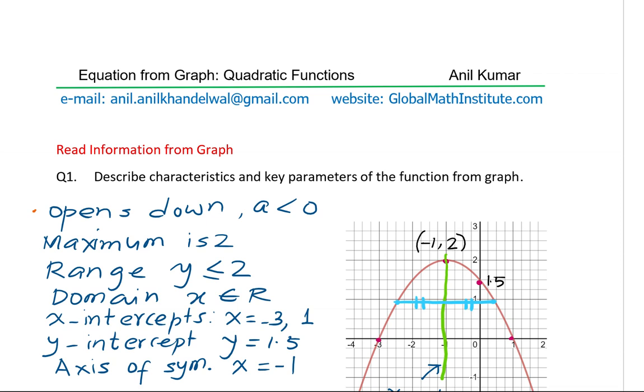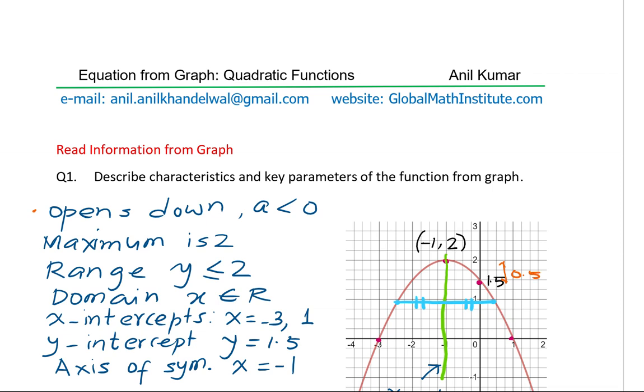Now there are many ways of writing the equation of this particular parabola. The easiest, of course, will be using the vertex. We could also write the equation using the x-intercepts in this particular case. Since we know that at minus 1 the value of y is 2, but at 0 it is 1.5, that means that in one step it goes down by 0.5.